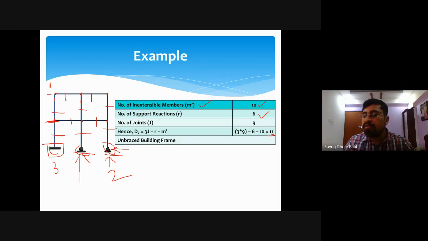So the kinematic indeterminacy for this plane frame is 11. It is an unbraced building frame, and we can say it is internally unstable. We considered rigid joints, but we can see that it is internally unstable.